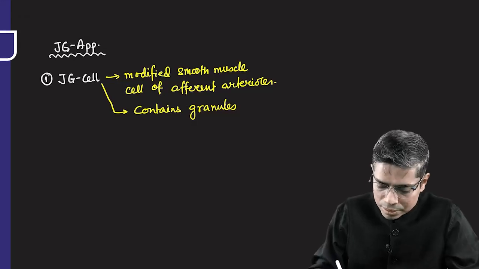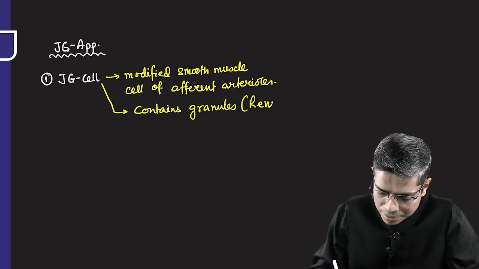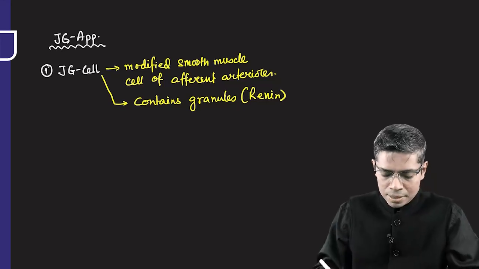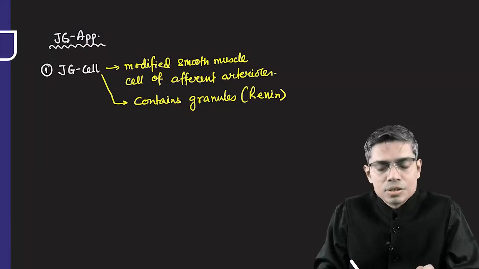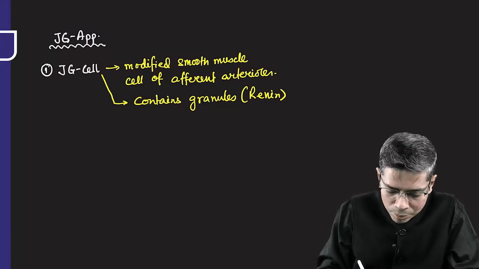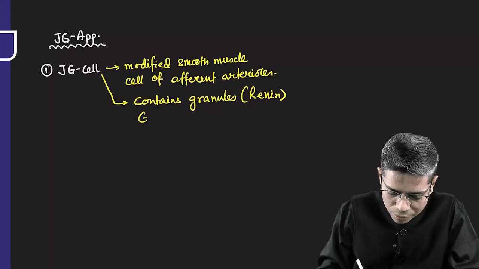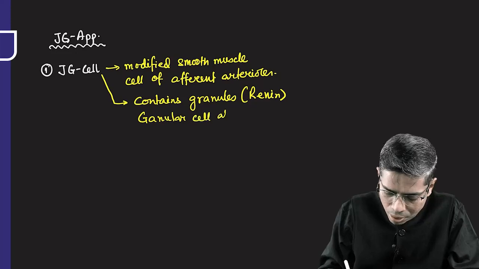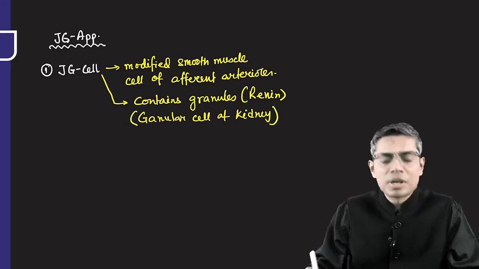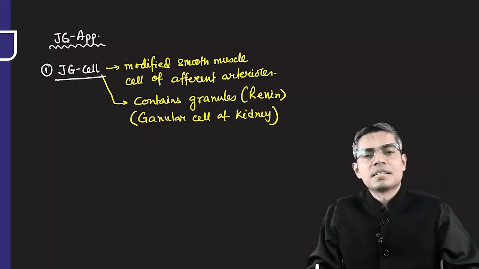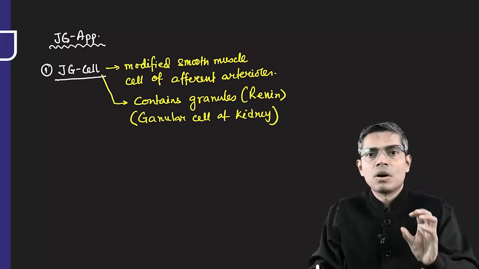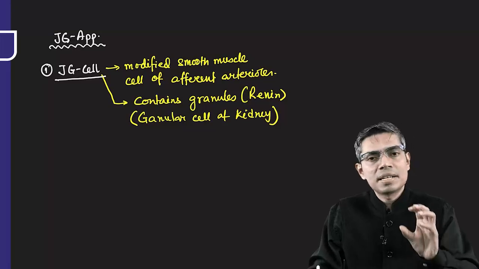Inside the granule, renin is present. Now, because this cell contains granules, this cell is also known as the granular cell of kidney, right? So the first component of the JG apparatus is the JG cell. JG cell is nothing but modified smooth muscles of afferent arteriole which secrete renin.